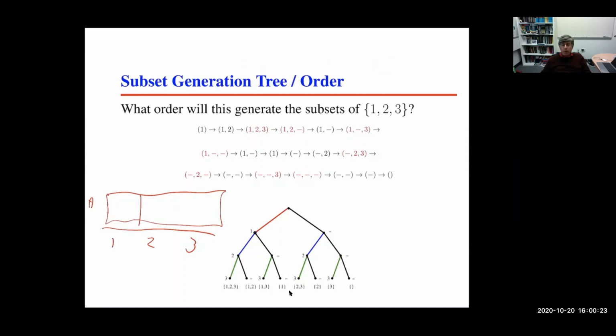What are my choices for the first spot? Someone who has their thing on. What are the choices? It could either be a true or a false, right? Let's say I put in a true.